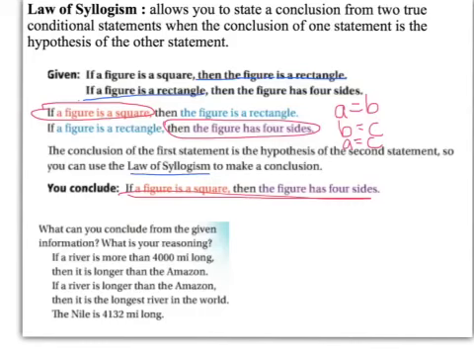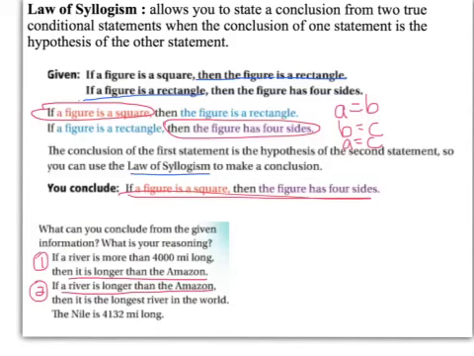So let's look at the given example. It's asking what you can conclude from the given information and what your reasoning is. So if a river is more than 4,000 miles long, then it is longer than the Amazon. The next statement says if the river is longer than the Amazon, then it is the longest river in the world.